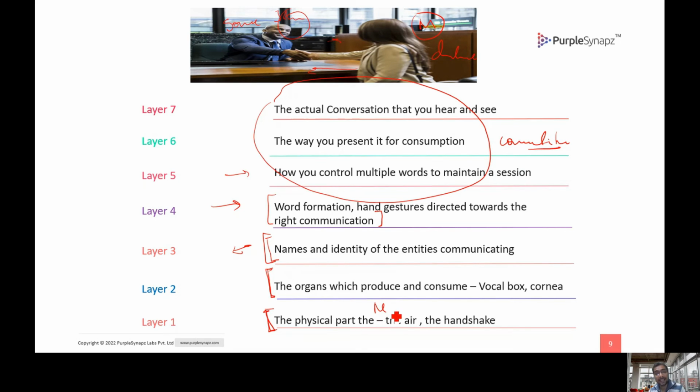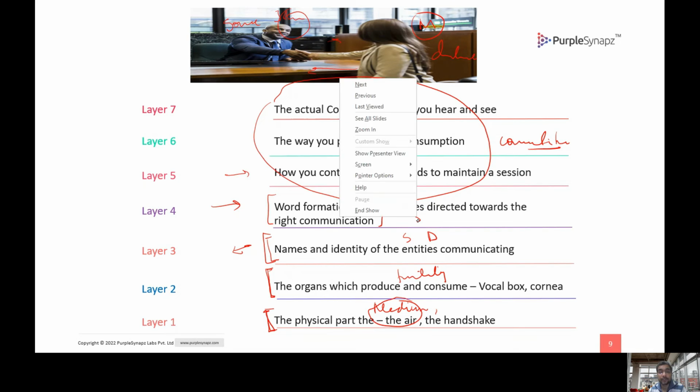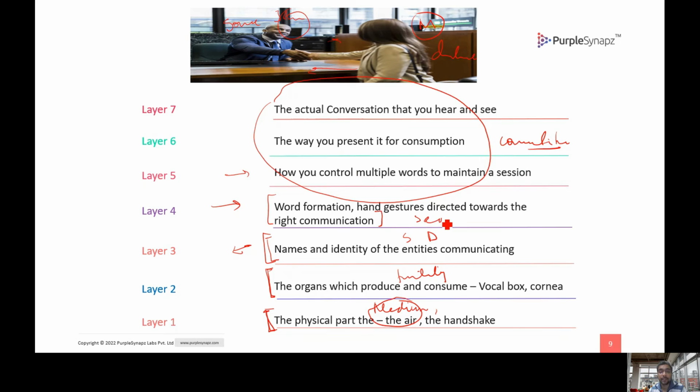The feel of the hand, the handshake, is also a medium. So this layer translates the emotion back into information. This is the source and destination. This is the building block, the segments of the information, and the information itself in different manners. This is the OSI layer.